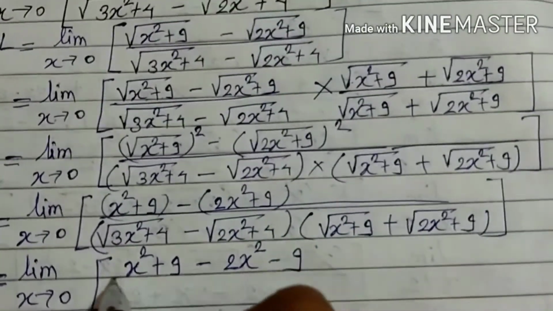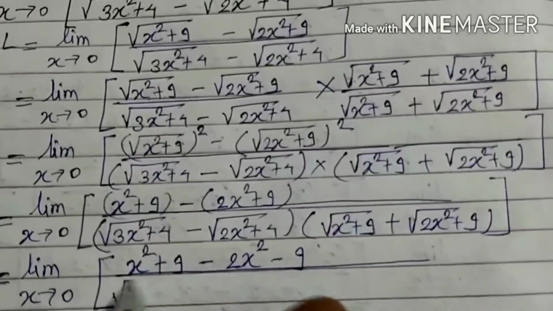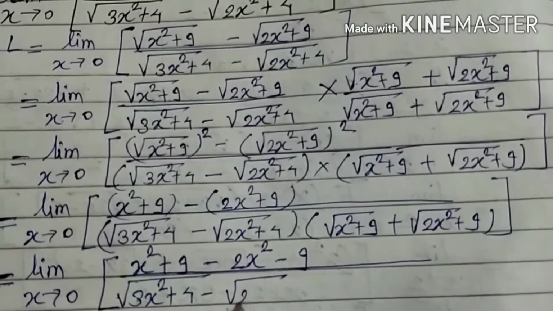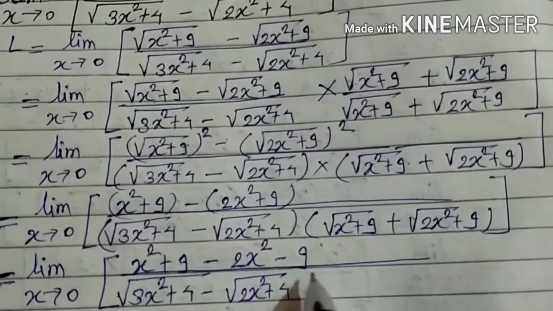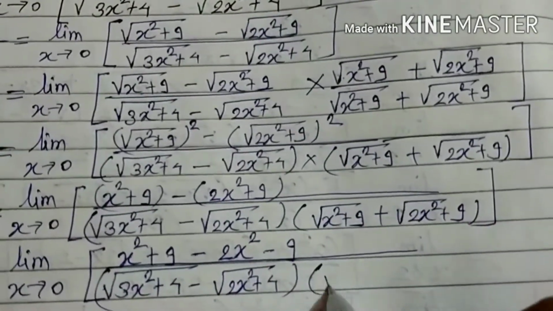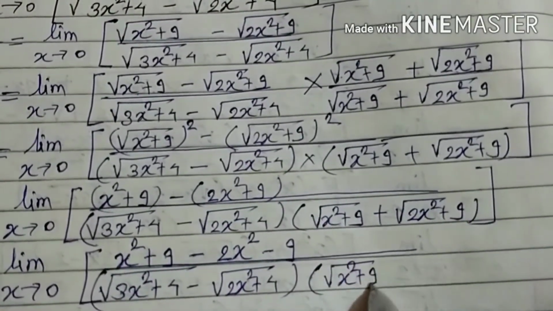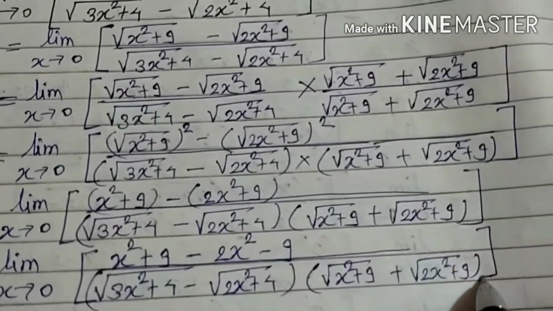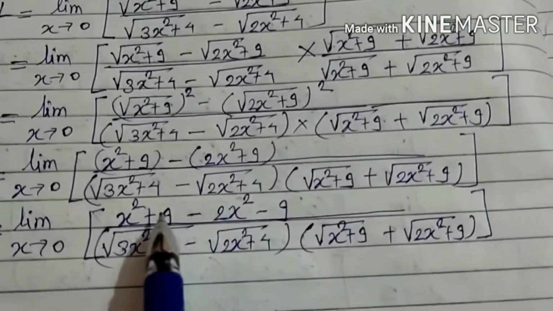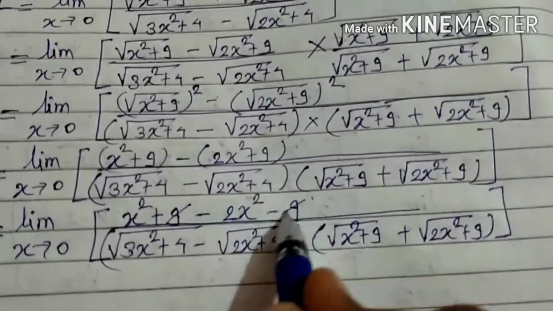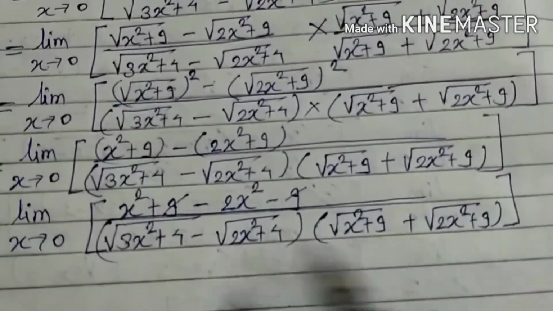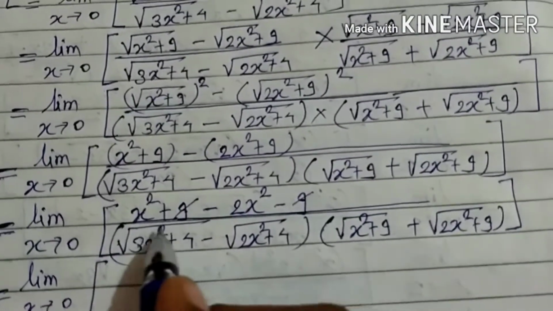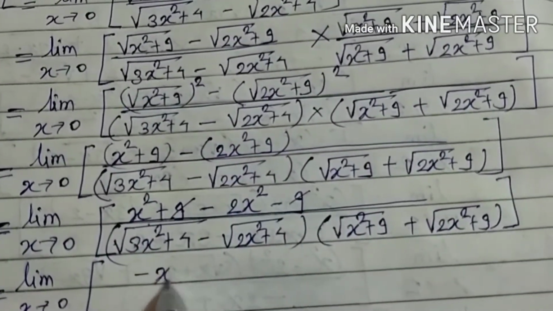So sign will become change here. Now this plus 9 and minus 9 will become cancel here. So remaining terms limit x tends to 0, and this x square minus 2x square means it is minus x square.